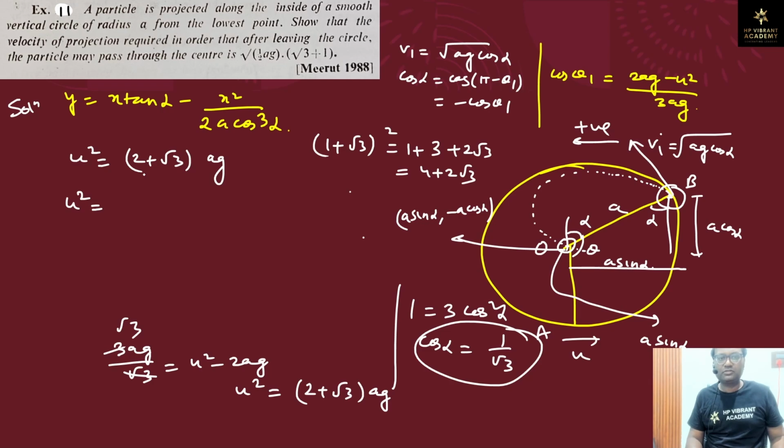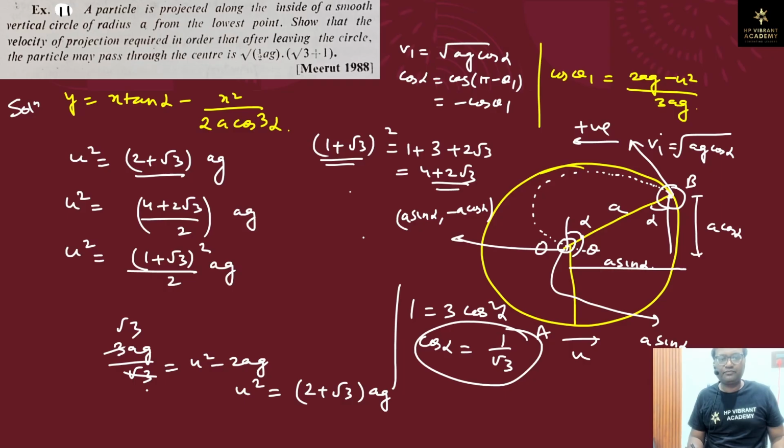So we can write this as 4 plus 2 root 3 upon 2, into ag. So u square is equal to this. We can replace the 4 plus 2 root 3 with 1 plus root 3 whole square, so 1 plus root 3 whole square upon 2 ag.